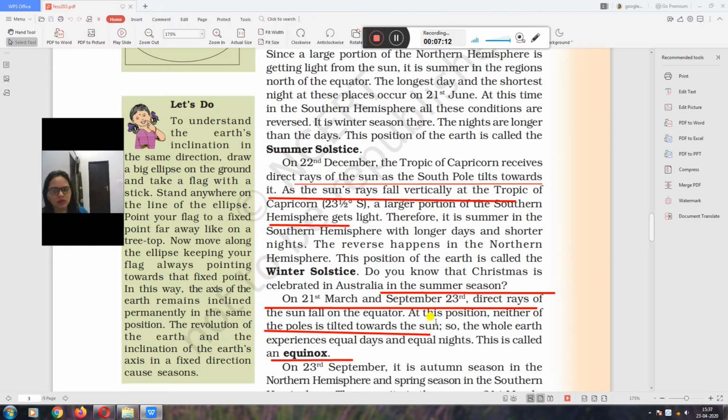The sun is equal for them, so the whole earth experiences equal day and equal night. This is called equinox. Equinox means equal day and equal night.